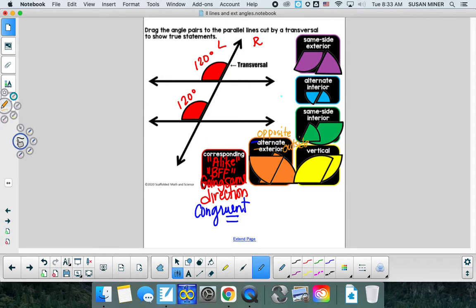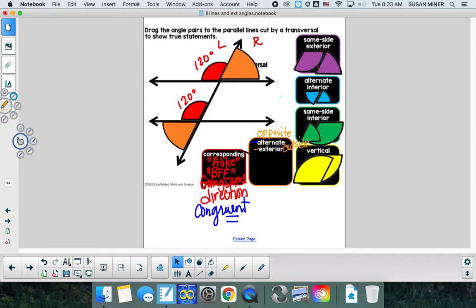And when we name angle relationships, we're usually referring to the transversal first and then to the parallel lines. So opposite means opposite sides of the transversal. One is going to be on the bottom left-hand side, and one of them is going to be on the top right-hand side. They're opposite sides from each other.